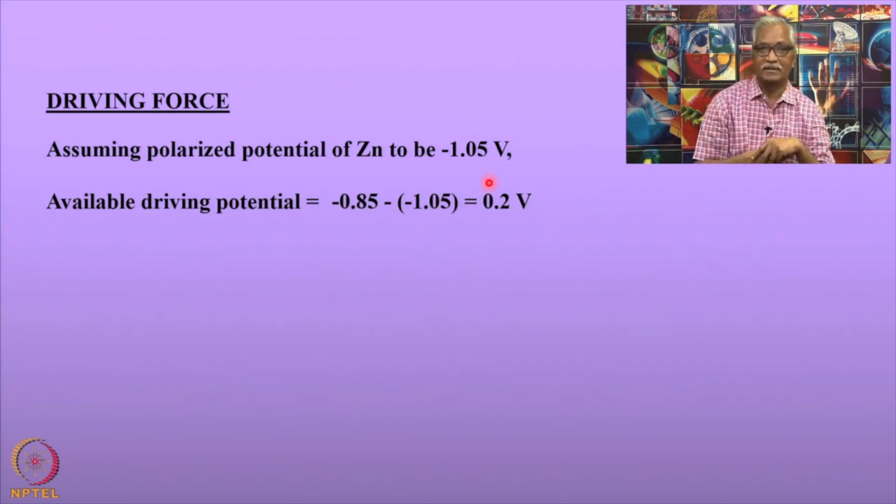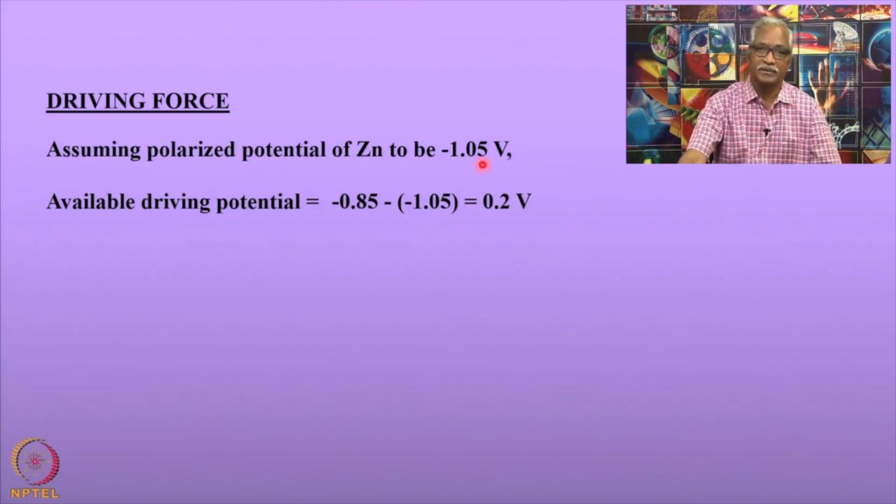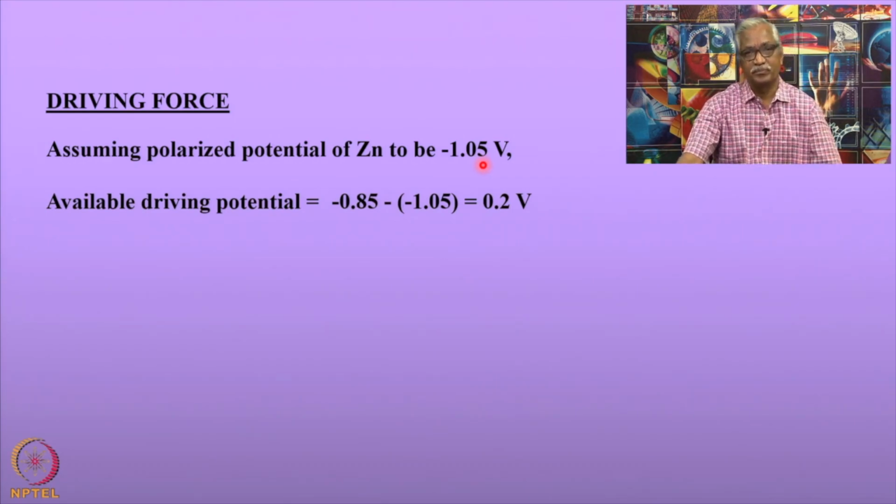In fact, the advantage of zinc over other sacrificial anodes can be seen here, because there is hardly a polarization. You start from minus 1.1 volt and it has moved just to minus 1.05 volt. This is primarily because zinc is less polarizable anodically. That is one of the reasons why zinc is also used as a reference electrode for cathodic protection of the pipelines.